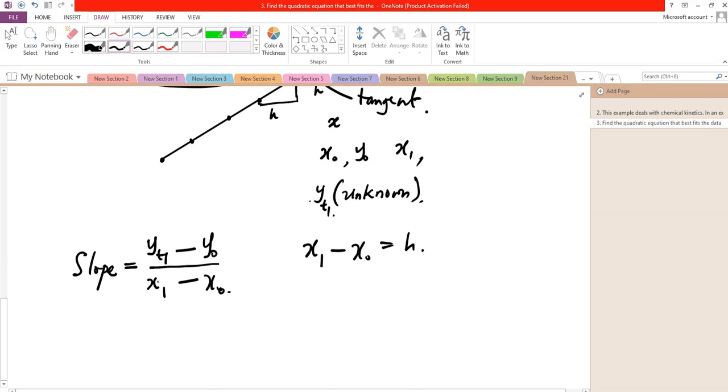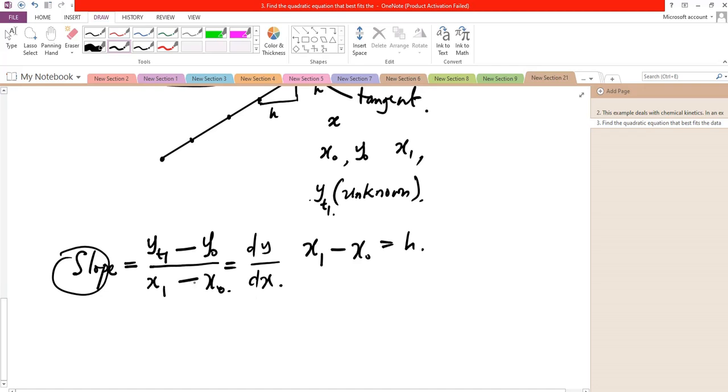Now, meaning that the slope, which is dy all over dx, will be equal to this. So we'll now say the change in y over change in x will now be y subscript 1 minus y subscript 0 divided by h.